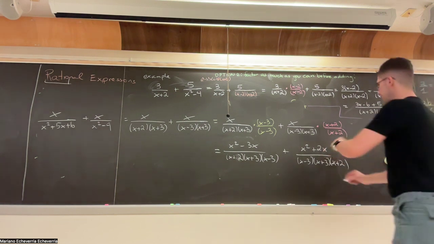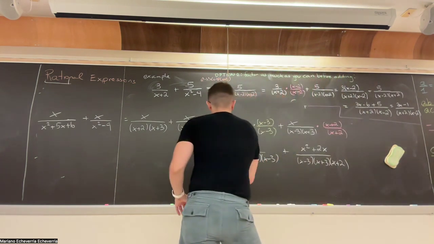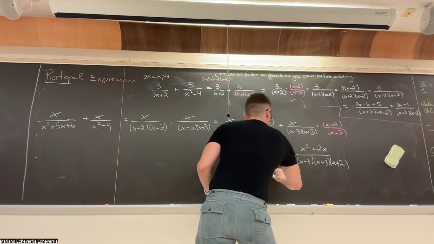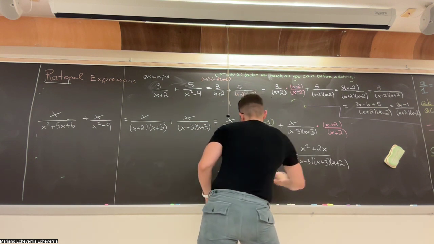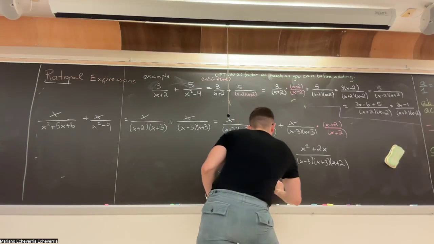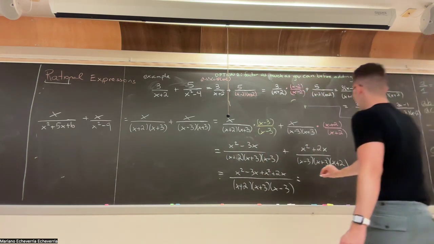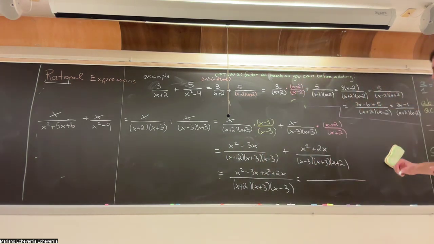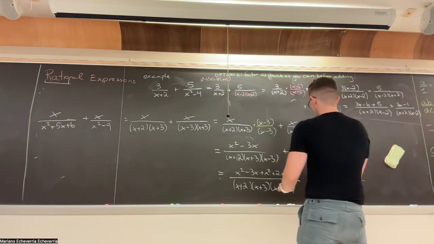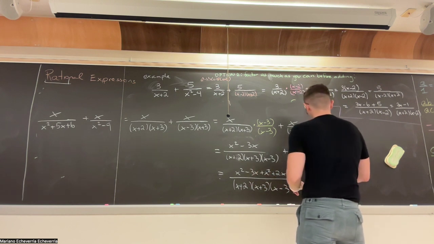And now the denominators are the same, so you can add by adding the numerators. You get x squared minus 3x plus x squared plus 2x, divided by x plus 2 times x plus 3 times x minus 3. Okay. And that gives you what? The terms with x squared give 2x squared, and then minus x.